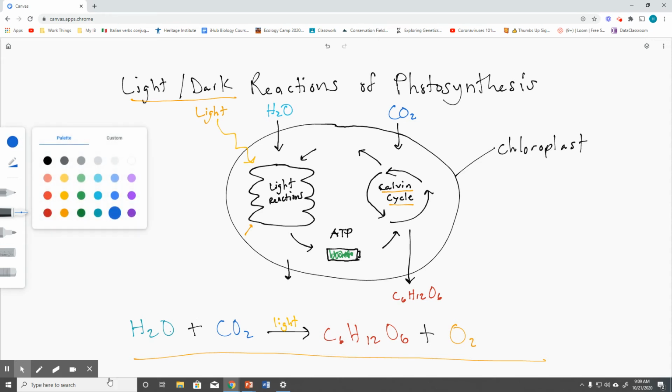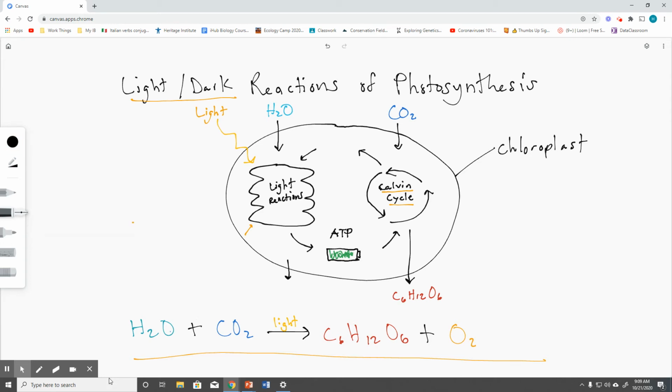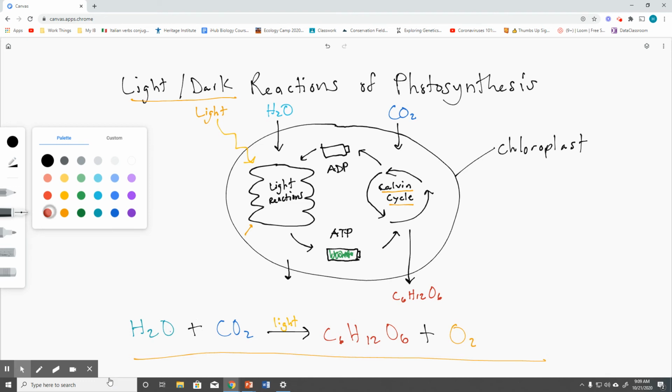So after the energy carrying molecule ATP is used in the Calvin cycle to provide energy, it is now empty. We don't just get rid of that ATP. It turns into something called ADP, which is its empty form. So I'm going to draw here an empty battery. Wow, this is not that good. That's kind of messy.